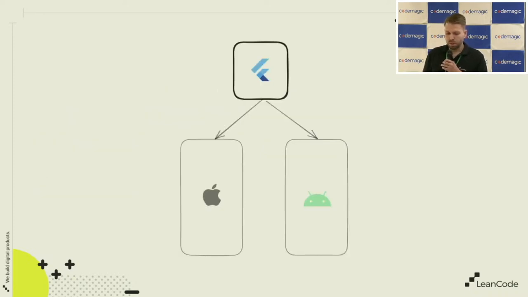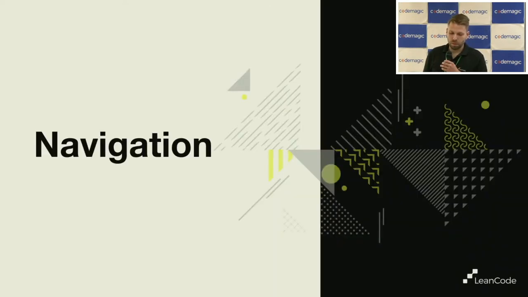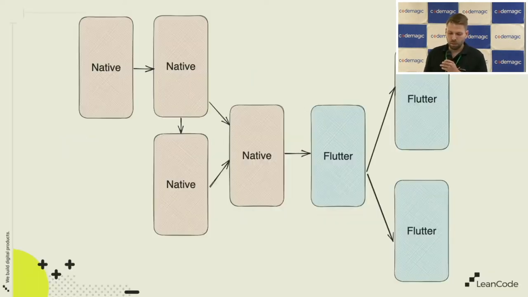So how does this Flutter module actually work? There are some things to think about. The first and one of the most important ones is navigation, because navigation is where you move from the native world to the Flutter world and vice versa. So imagine a simple scenario. We have a couple of native screens.